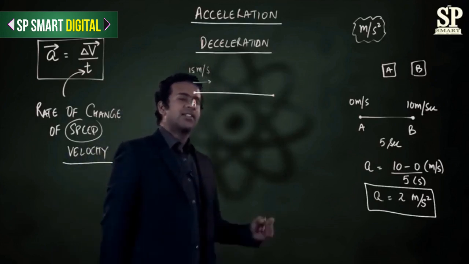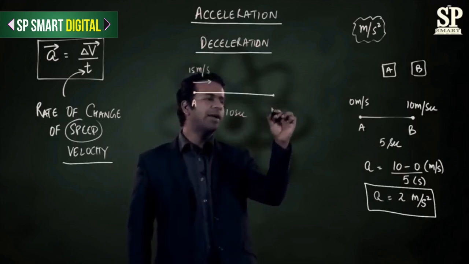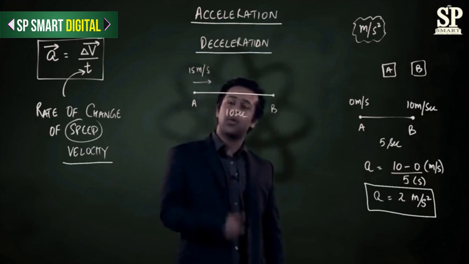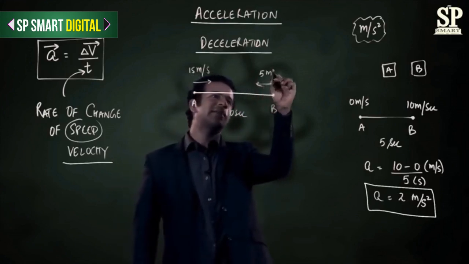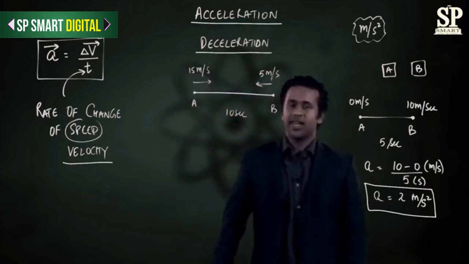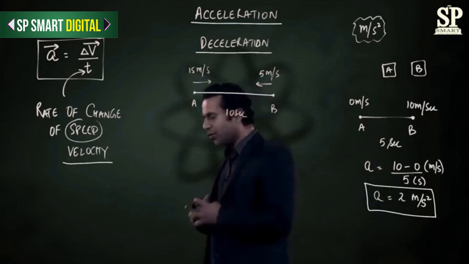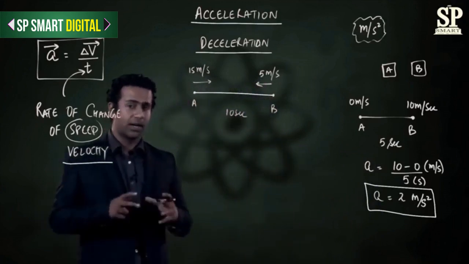And then say after 10 seconds, it reaches the point B, and at this point it has a speed of 5 meter per second but leftwards. In this case, once again, we wish to find the acceleration of this particle, right?